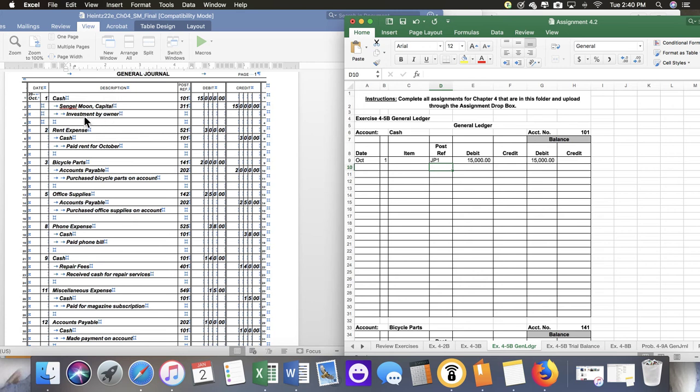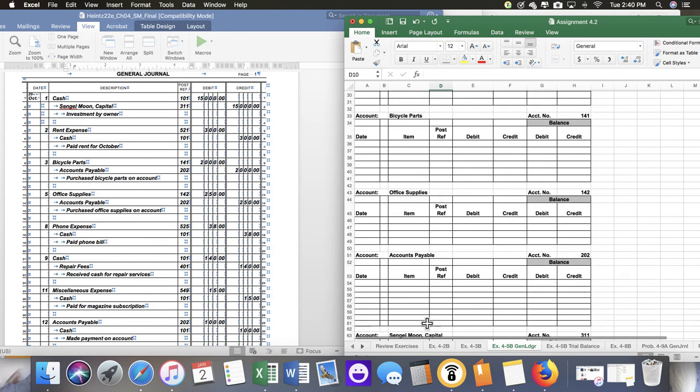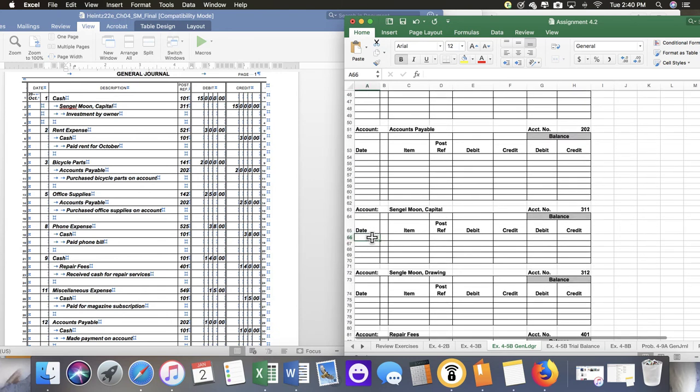So the next part of the transaction is an investment to capital for $15,000. So we're going to scroll down till we get to capital, enter the date of October 1st, JP1. Capital is an owner's equity, so it's increased with a credit.